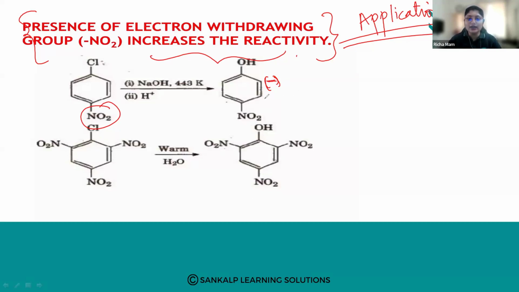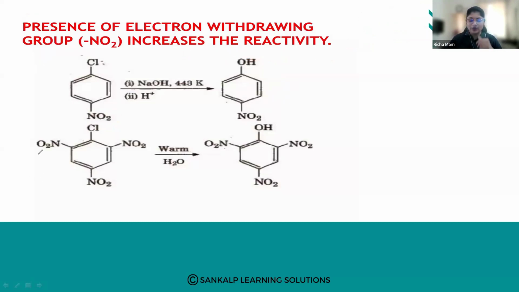At meta position, the negative charge is not stabilized. That is how the electron withdrawing group increases the reactivity. Is it clear? These concepts are very important, and they will be asked in the applicative type. Is it clear up to here?